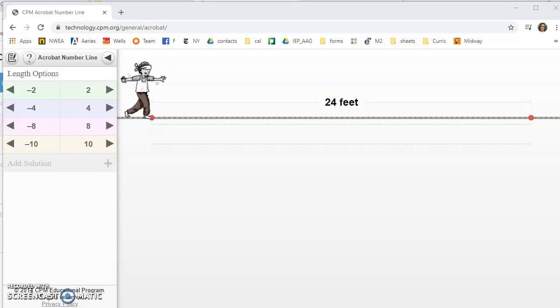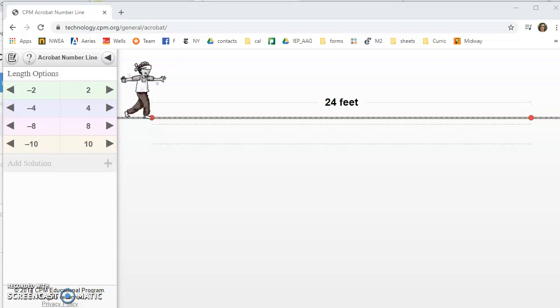He can't stop before that and he can't stop after it. And he has to go in jumps. You can see on the left-hand side, the jumps that he can go in are 2 feet, 4 feet, 8 feet, and 10 feet. Or he can go backwards, -2 feet, -4 feet, -8 feet, -10 feet.